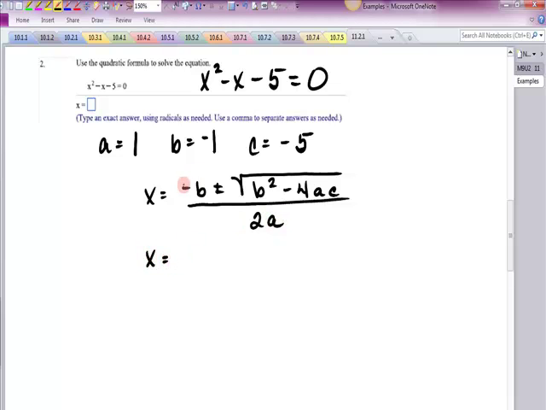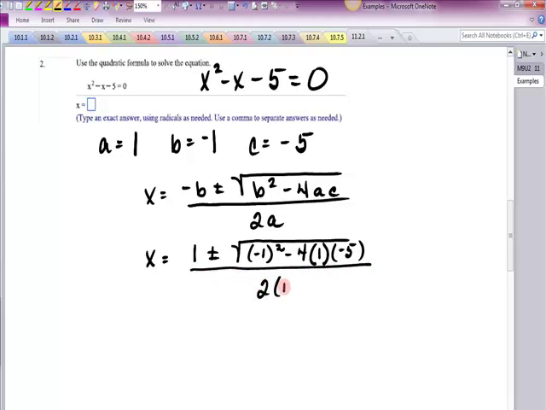X is equal to negative b means the opposite of b. The opposite of negative 1 is positive 1, plus or minus negative 1 in parentheses squared minus 4 times 1, which is a, times negative 5, which is c, all over 2 times 1.